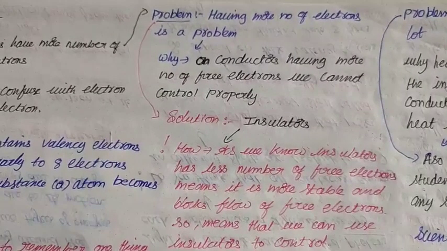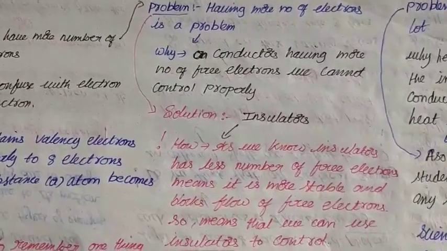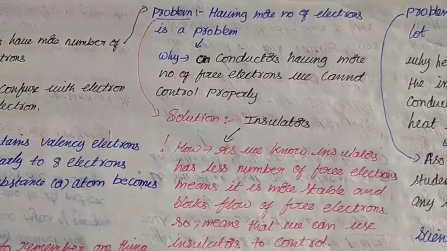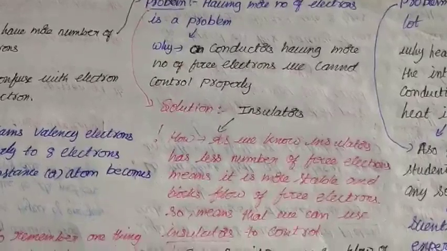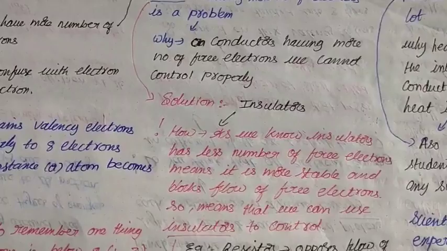So this is a problem. We require a solution to control the electron flow in a conductor. So the solution is insulators.